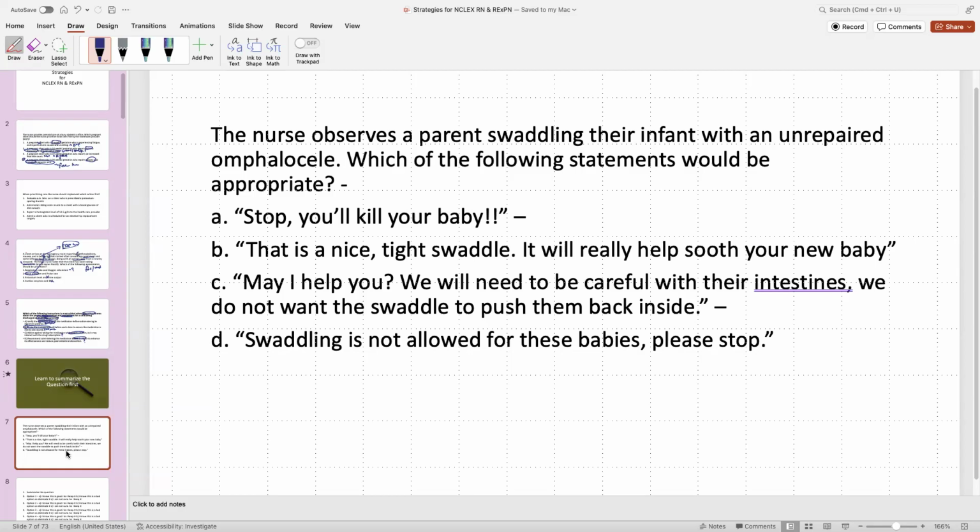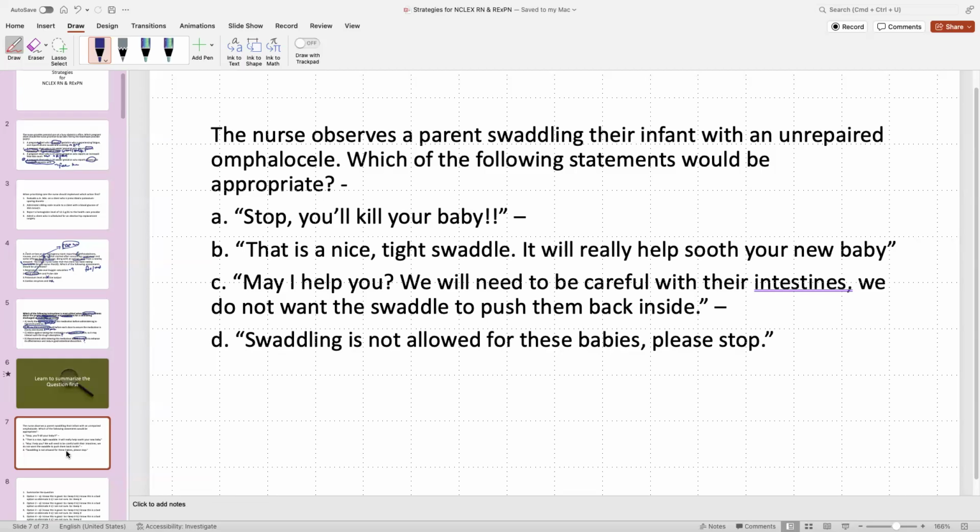Very good. Then the fourth one, swaddling is not allowed for these babies. Please stop. I would say the nature of this last one, telling the parent, doesn't really seem appropriate compared with the third option.